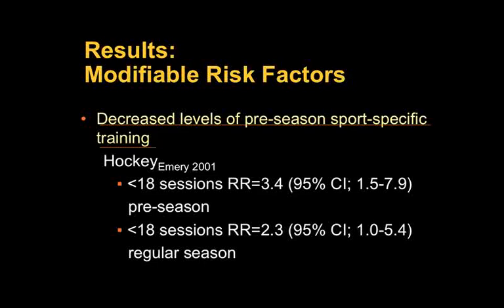There are decreased levels of preseason sport-specific training as evidence for modifiable risk factors in groin strain injuries. In hockey, those that did less than 18 preseason training sessions had a relative risk of 3.4 for groin strain injury. Those that did less than 18 sessions of sport-specific training during the regular season had a risk ratio of 2.3 for groin strain injury.